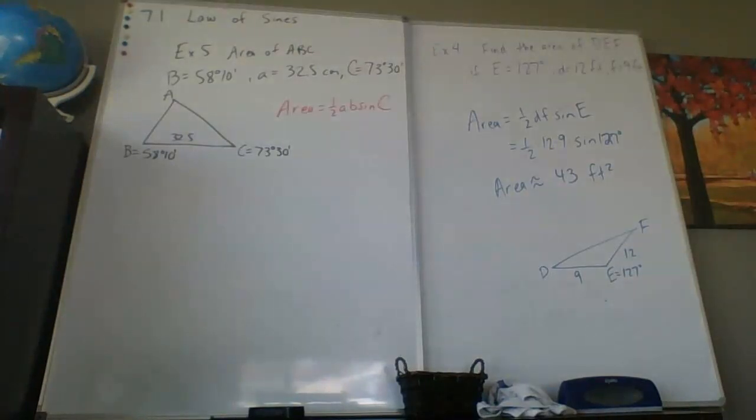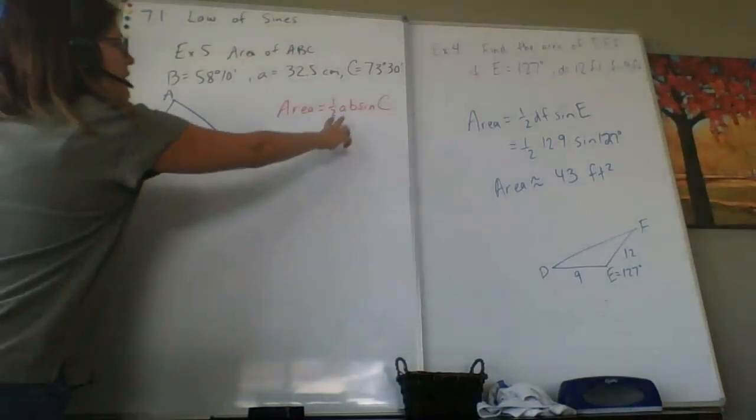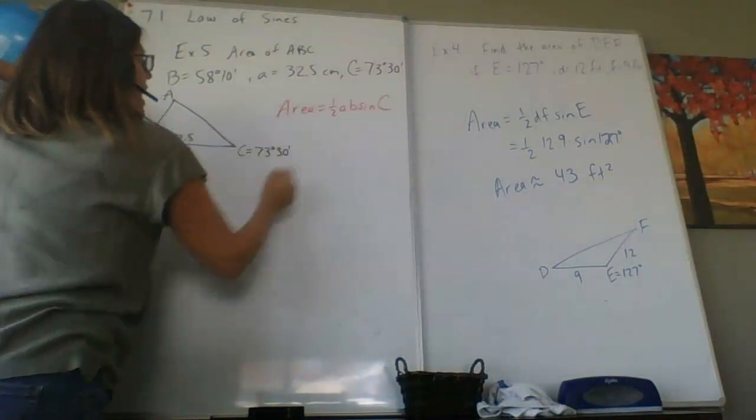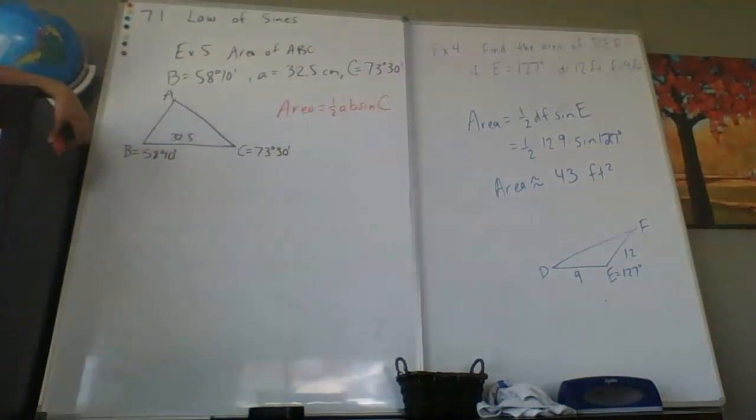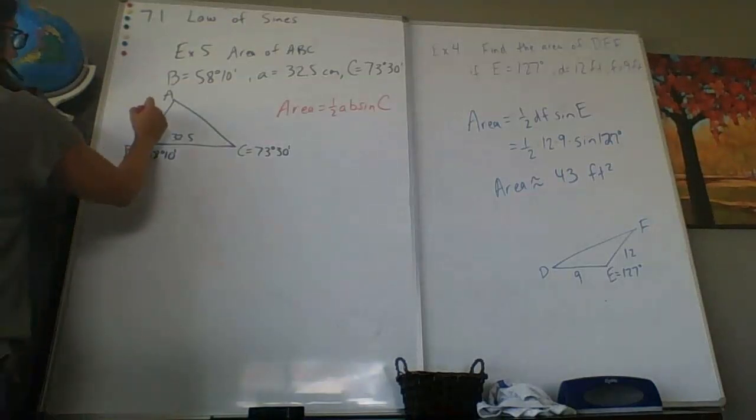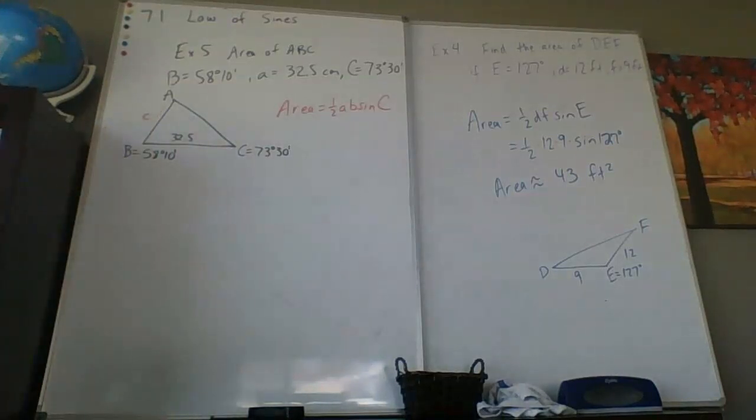Looking at the given information, we can see that we do not have adequate information to find the area right now because we need two sides and the included angle, and we are only given one side. So therefore, we need to find either side B or side C. I will go ahead and find side C.